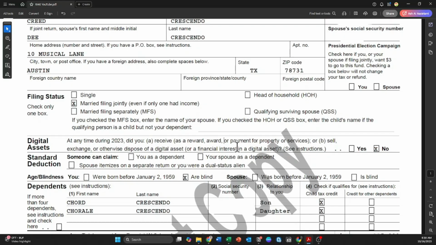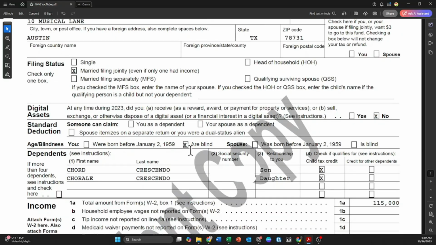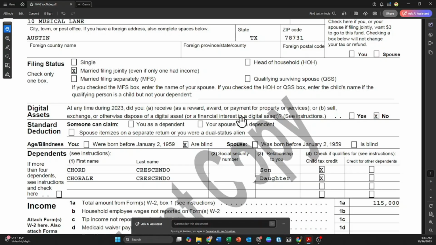The only thing that's worth mentioning in this section is that the main taxpayer, Creed, is actually blind. So that'll give him an extra standard deduction amount of $1,500. That's also just worth mentioning.